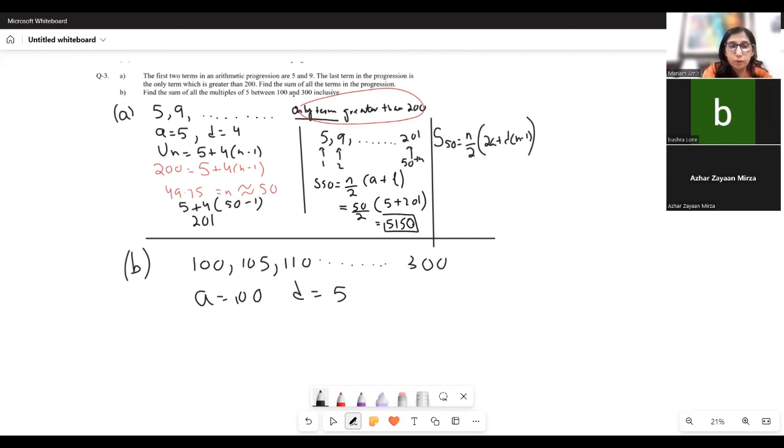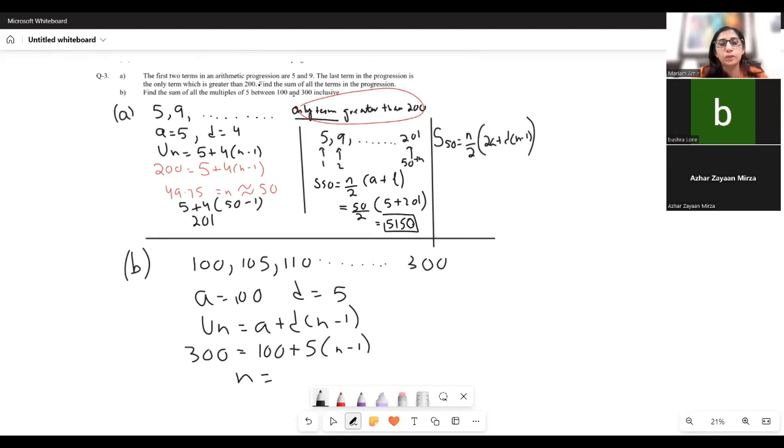I'm going to use the Un formula, which is A plus D times n minus 1. So 300 equals 100 plus 5 times n minus 1. So n comes out to be 300 minus 100 is 200, divided by 5 is 40, plus 1 is 41. So n is 41. So we have to find S41.